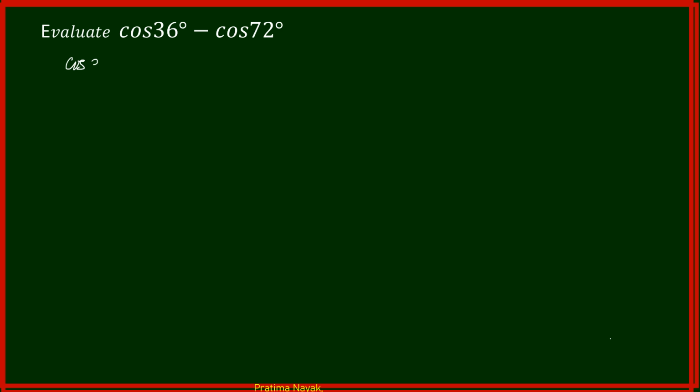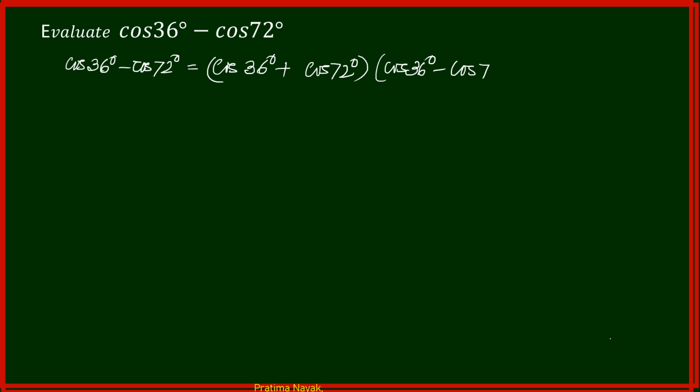So cos 36 degree minus cos 72 degree equals cos 36 degree plus cos 72 degree, which is the conjugate of cos 36 degree minus cos 72 degree, so it will also be multiplied in the denominator.